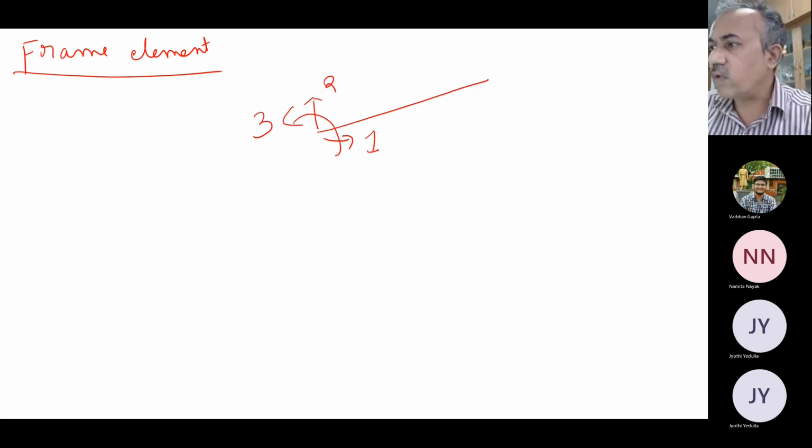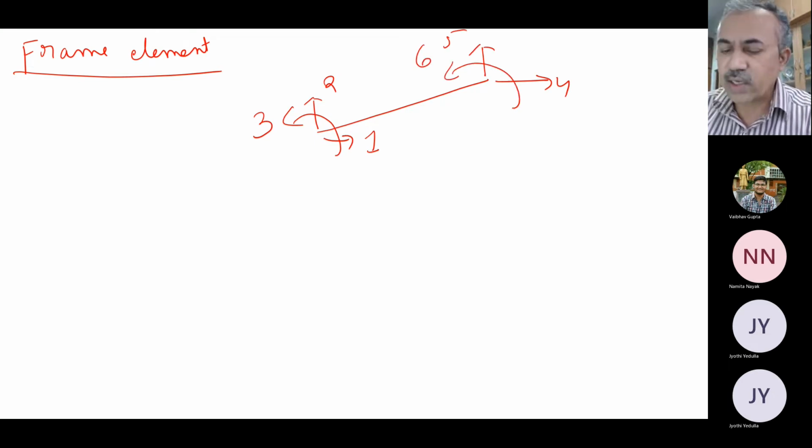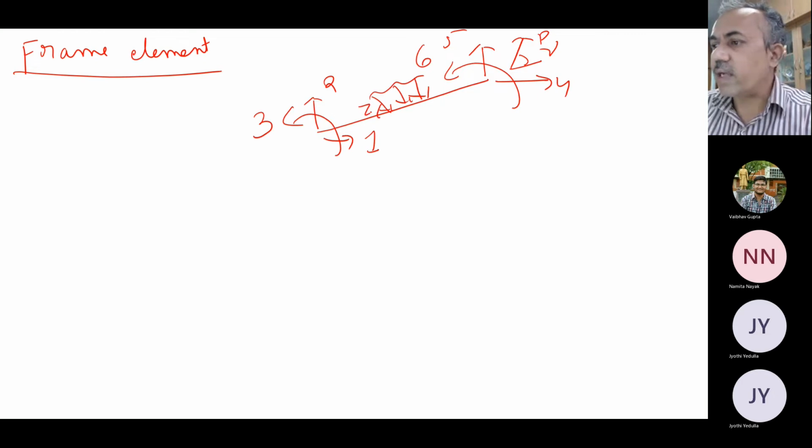Then we have 4 at this node, then 5, then this 6. Then some load is acting at an angle, and you can also have a distributed load, which is acting on this element, at some angle. So this is a frame element. Six degrees of freedom are there, and these are the loads basically.